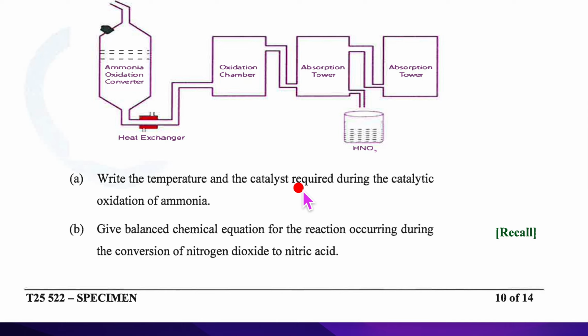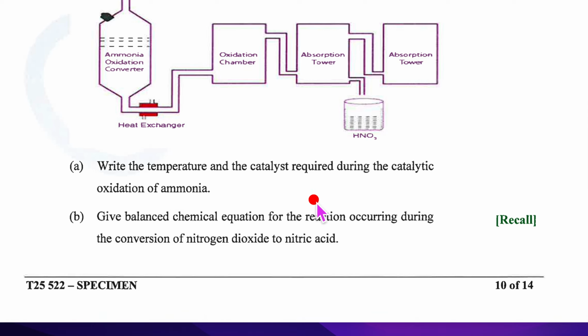Write the temperature and catalyst required during catalytic oxidation of ammonia. Now remember, the catalyst is going to be platinum. Temperature is going to be 700 to 800 degrees. These are again important reactions. Learn both the reactions. In presence of catalyst and in absence of catalyst, both oxidations are important.